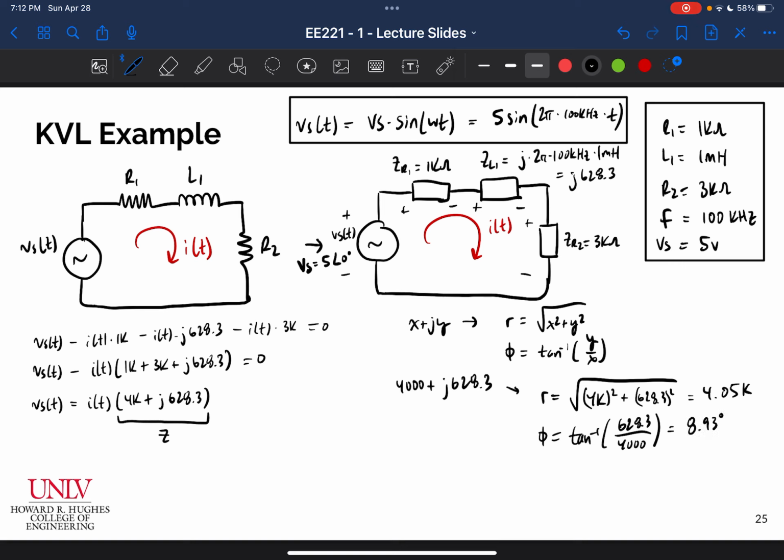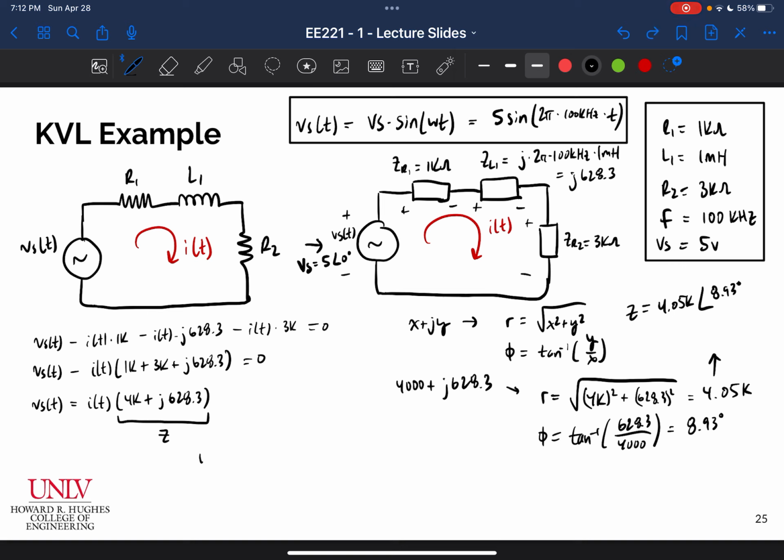That right there is my impedance phasor, these two values. So I can write my impedance as 4.05K angle 8.93 degrees.